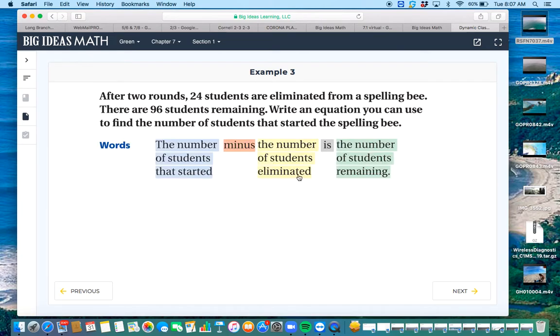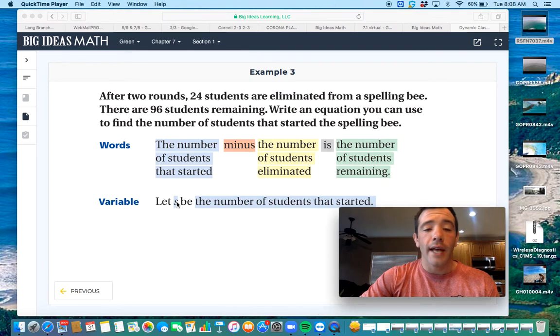Put it in words. The number of students that started minus the students who were eliminated is equal to the number of students remaining. We're going to let S, sorry guys, I had the video hidden, be the number of students that started. If they tell you to use a certain letter for your variable, you use it. If not, we use x as our unknown.